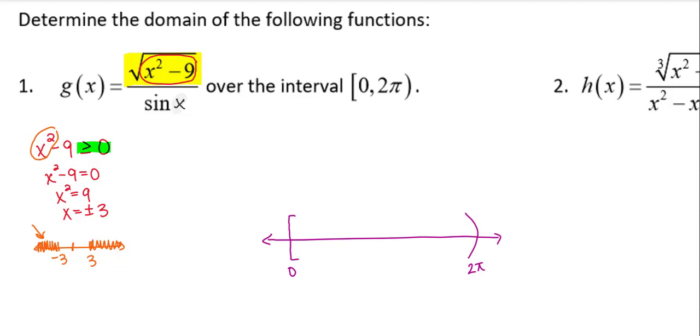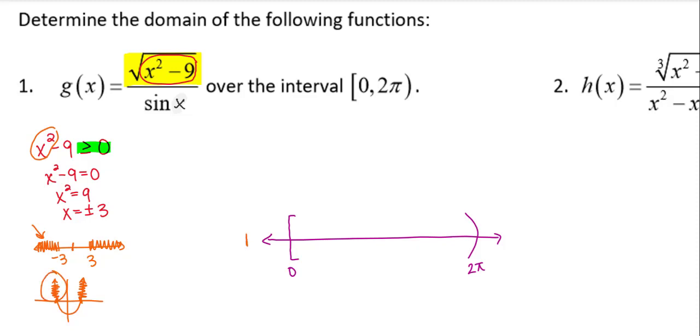In other words, if you look at this graphically, you have a quadratic, which is just a parabola that opens up, and it's shifted down 9. So it looks something like so, where this is negative 3 and this is positive 3. So we can see that we are greater than 0 on those ends. Okay, so I know that x has to be either less than negative 3.